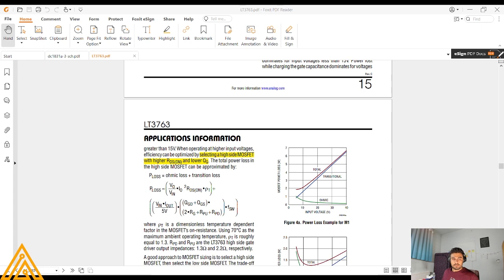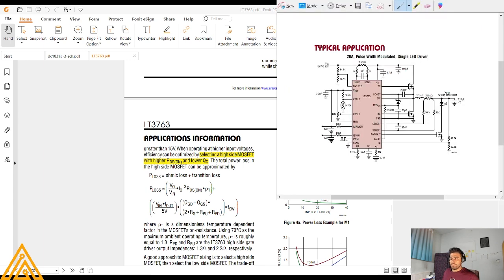As you can see in the picture, the top MOSFET must be designed really well because the switching loss, the transition loss on this MOSFET is so high.